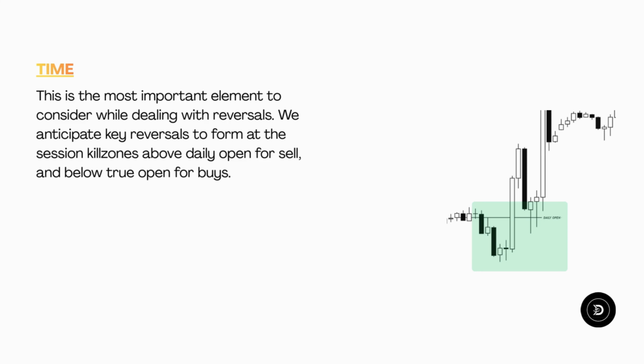Everything works with context. Every pattern you study works with context. The moment you have the right context, you are good to go. So without further ado, let's go into live chart examples.